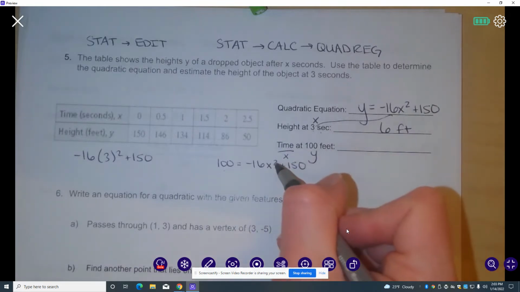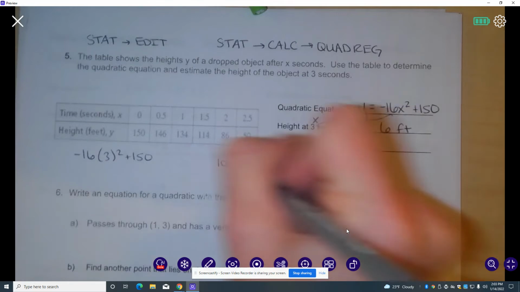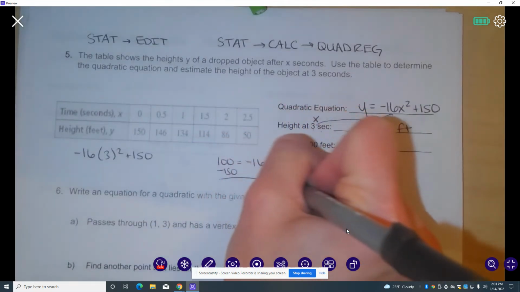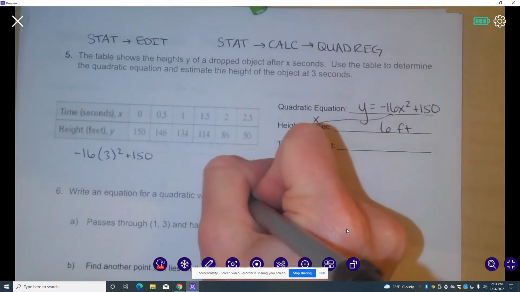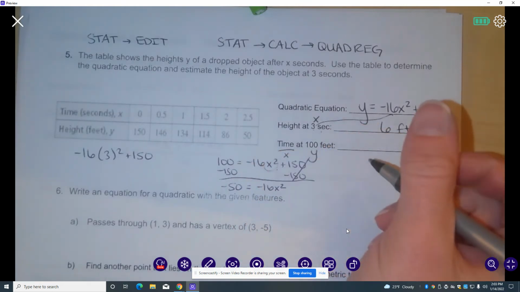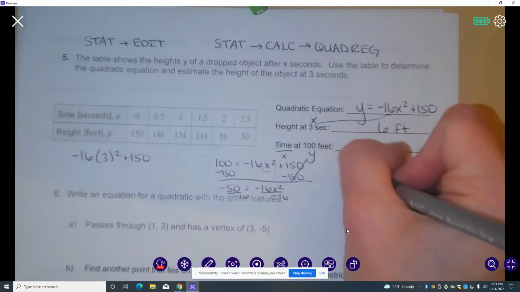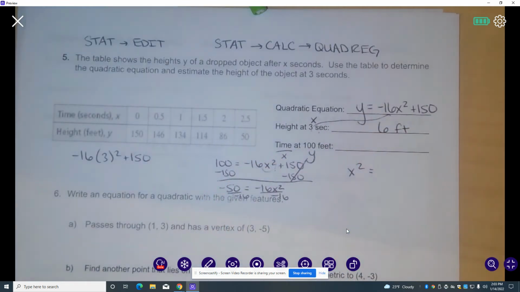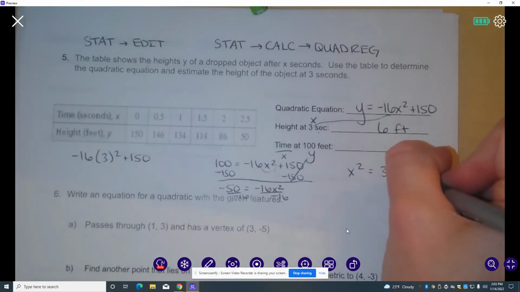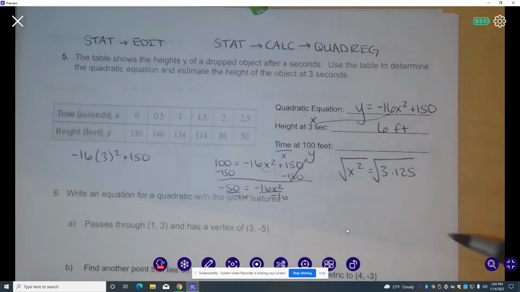So I'm going to solve this by getting the x squared term all by itself. I'll subtract 150 from both sides. I'll divide both sides by negative 16. I'm running out of room. And then I'll take the square root of both sides.